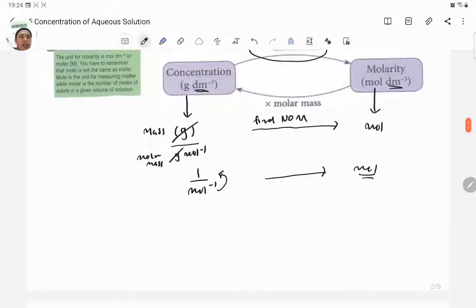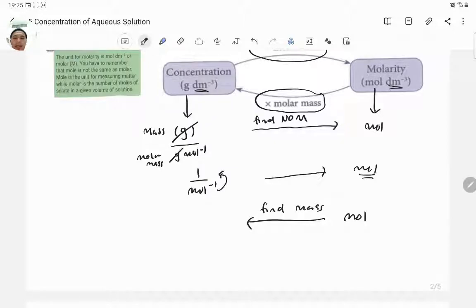Okay, so how about molarity to the concentration? What is the relationship? So as you can see dekat situ, dia multiply with the molar mass. So if let's say we have mole here, we need to find mass.